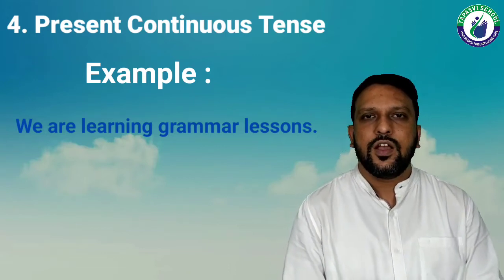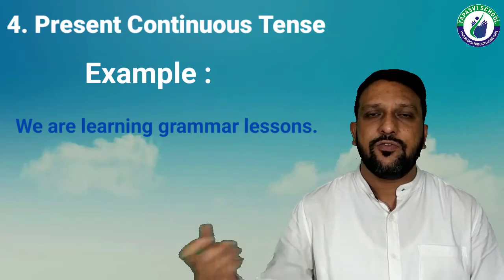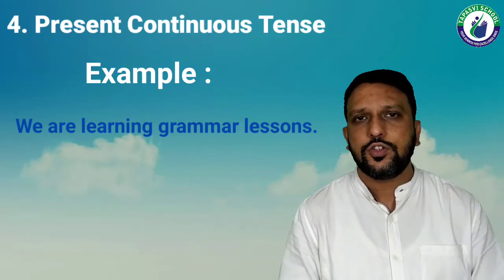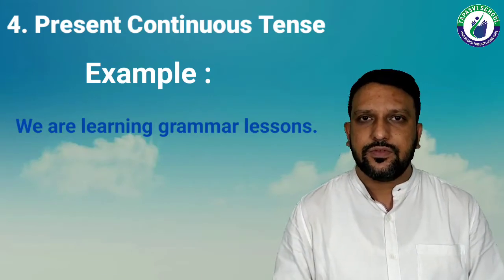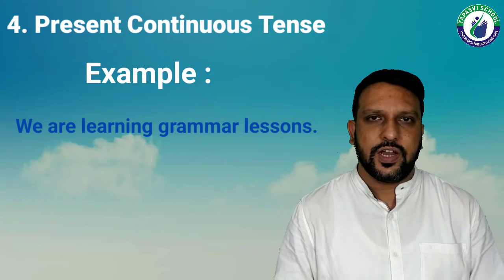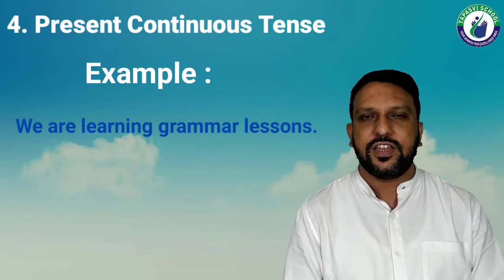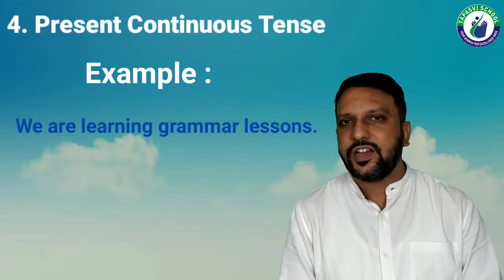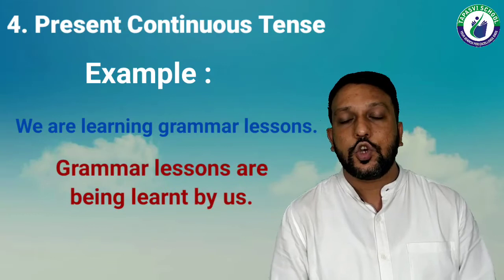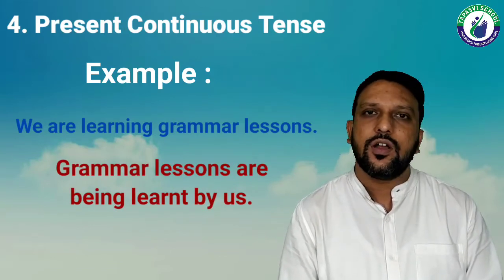Here we is the subject, and as we is plural, we have put are. Learning is V4, grammar lessons is the object. If we would like to transform this into a passive voice sentence, what should we do? We should put the object first. The object is grammar lessons, which is again a plural object, so we should put are here.